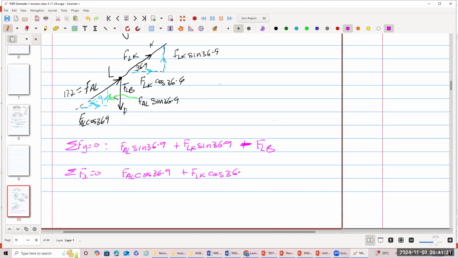Oh, you see what is happening here though? So one is minus of the other. Both angles are equal. Yeah, one is minus of the other. You see that? Well, we know F_AL.